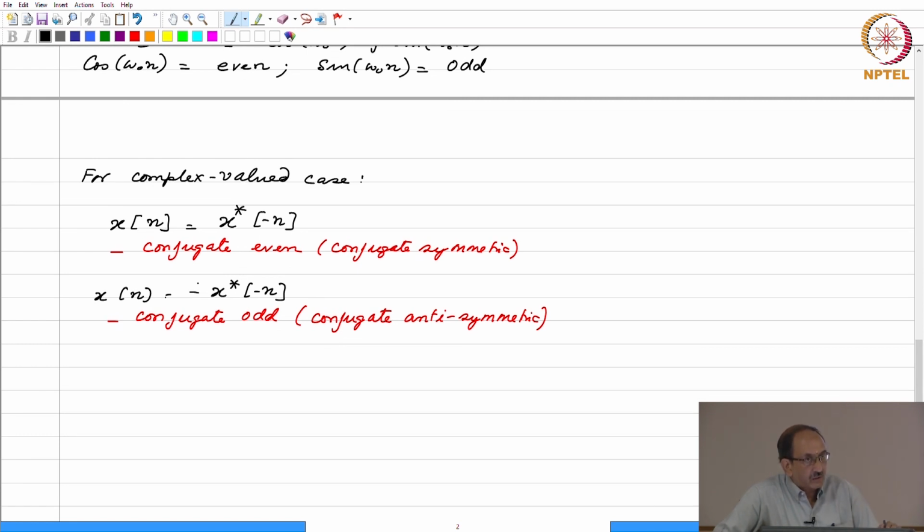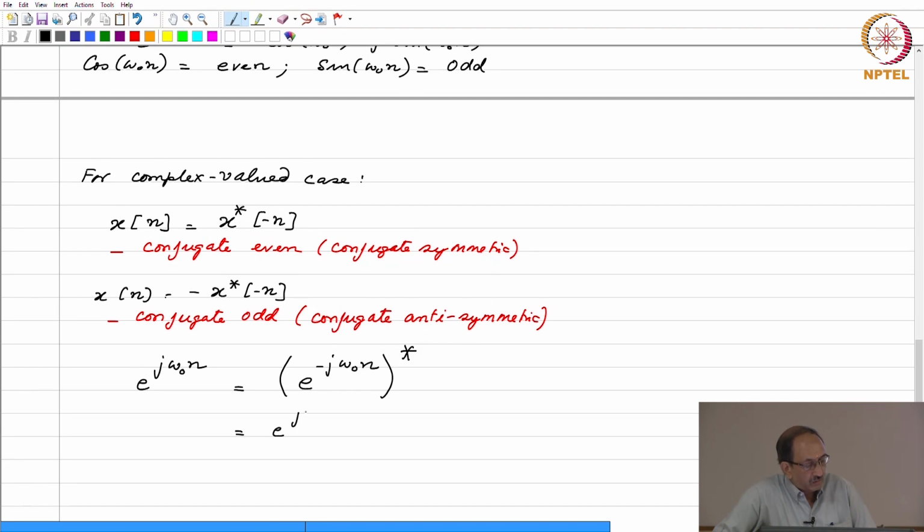On the other hand, if you consider the signal e to the j omega naught n, first replace n by minus n, which gives e to the minus j omega naught n, and then take the complex conjugate.